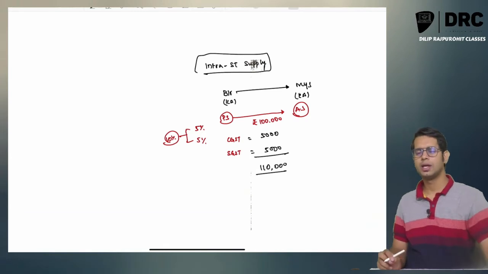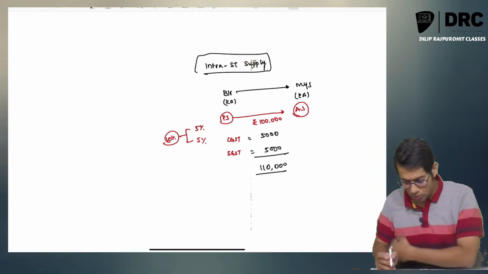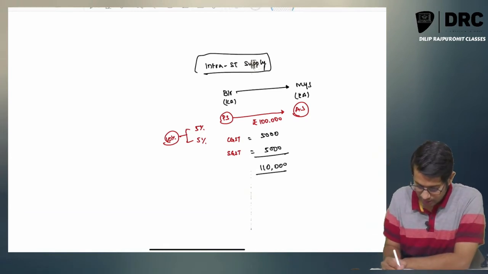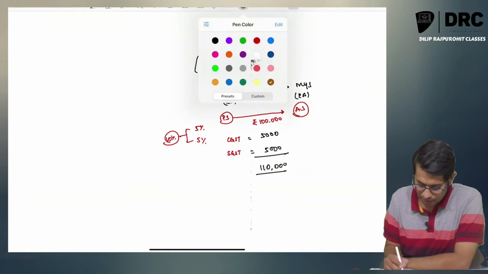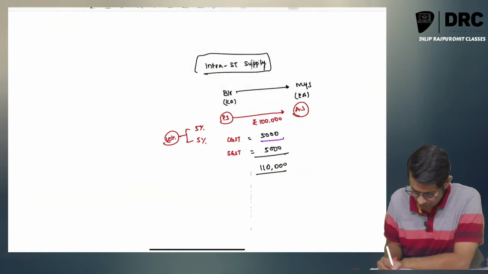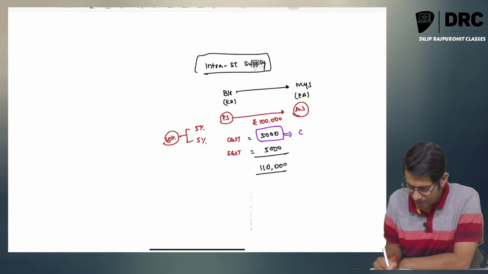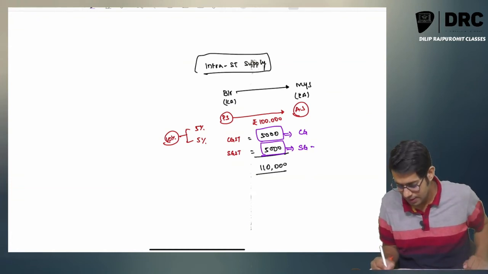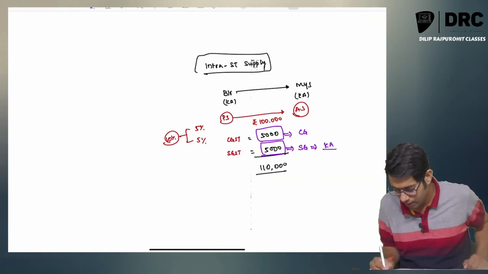Now what will happen to this tax amount? 5,000 will be taken by the central government and the other 5,000 will be taken by the state government. Which state government, sir? It will be taken by the state government of Karnataka.